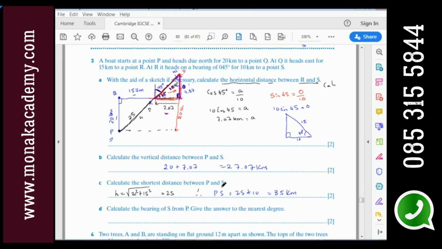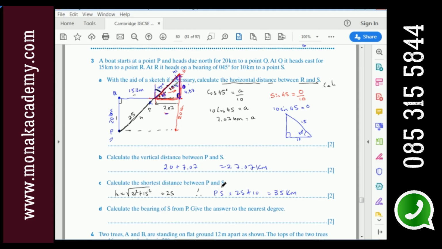Calculate the bearing of S from P. So we'll be drawing our compass with S from P. Which angle do you want?